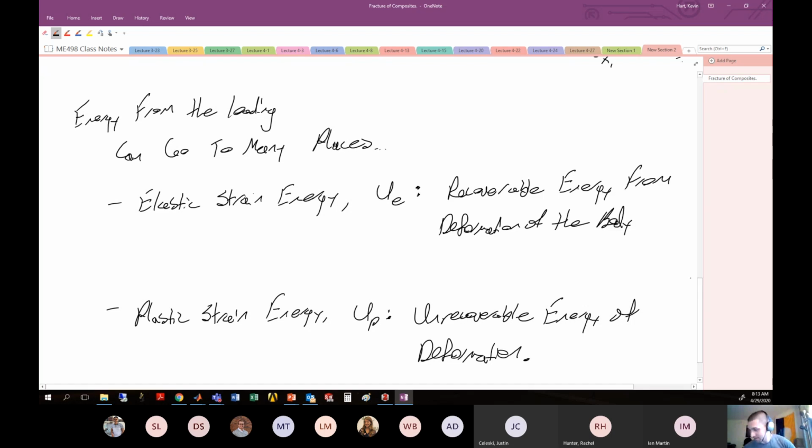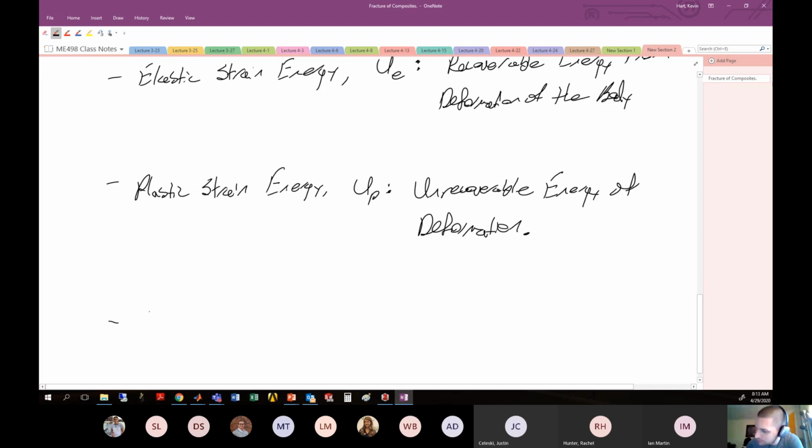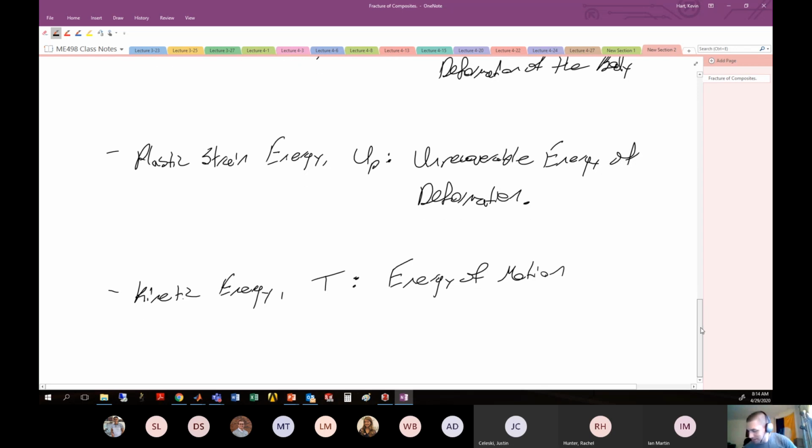When you load something up and it's not static, it can move. So it could go to kinetic energy, given by the variable, usually capital T. This is the energy of motion. If I load something up and there's nothing to resist that object, then it's going to move.